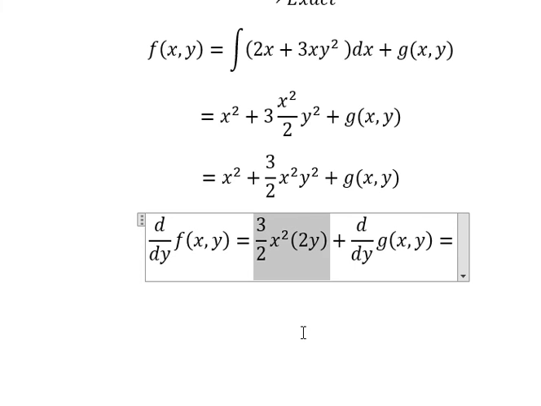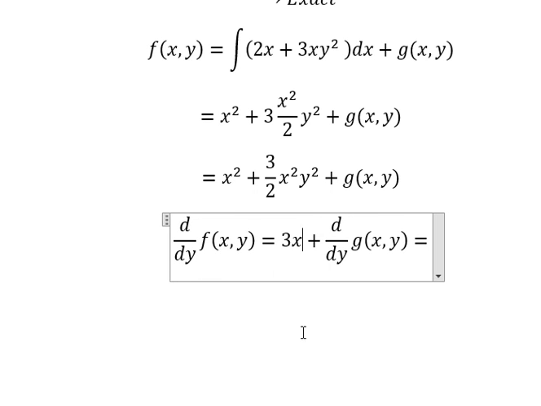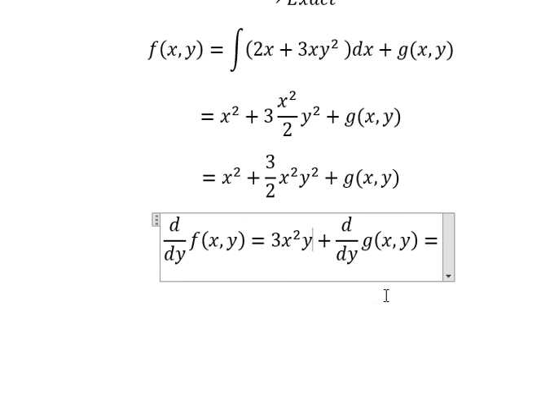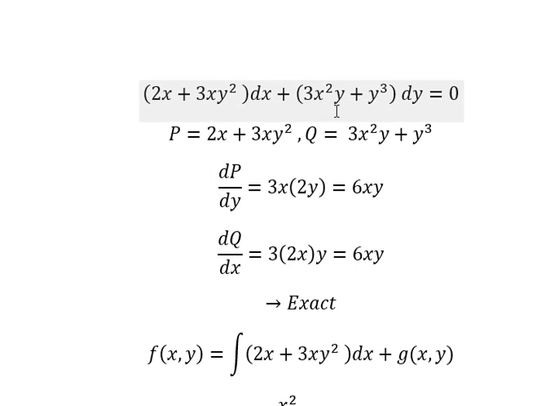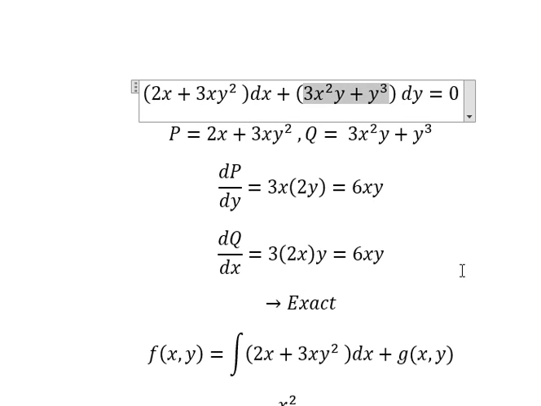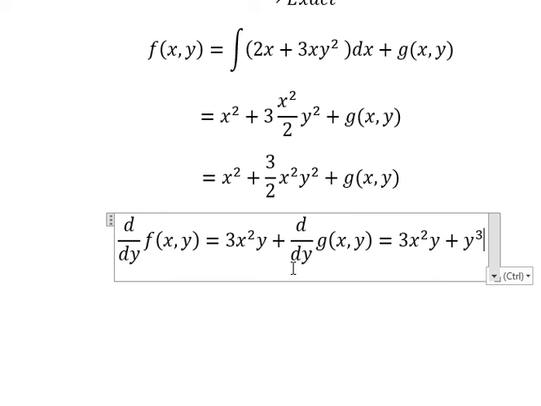If we simplify it, we have 3x squared y. So we know that this one equals to this one. Now we simplify 3x squared y for both sides.